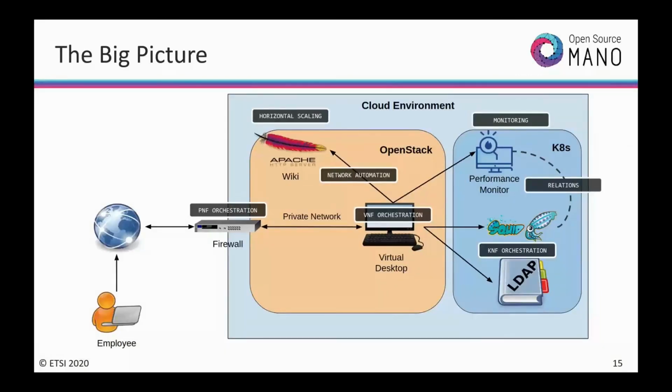So the network automation is touched on, but we're not diving deep into all the capabilities of network automation. We have monitoring and horizontal scaling going on. We also have external monitoring where the performance monitor is watching certain things that are going on in the network. We have a relation between Squid and the performance monitor that's created on demand so that you can see how relations work. And we have Kubernetes network function orchestration via Helm.